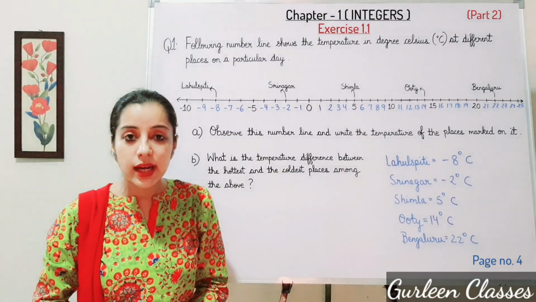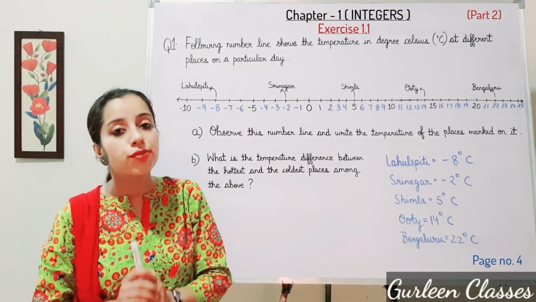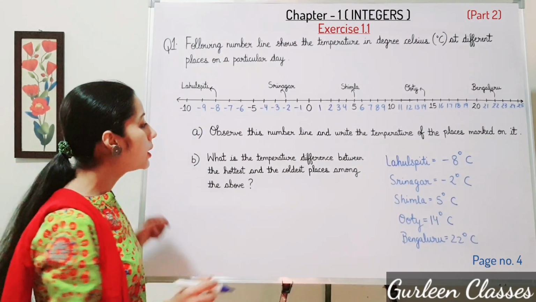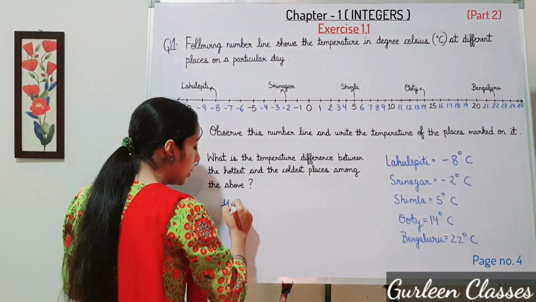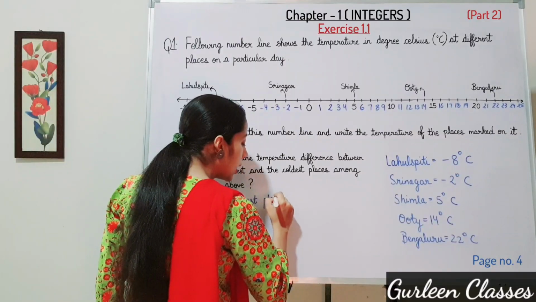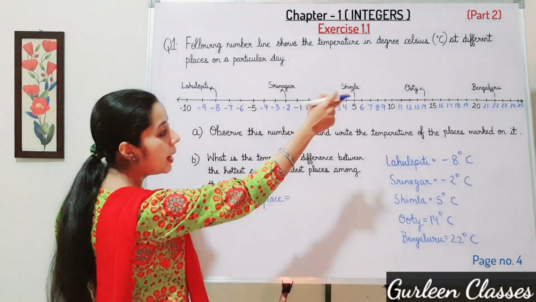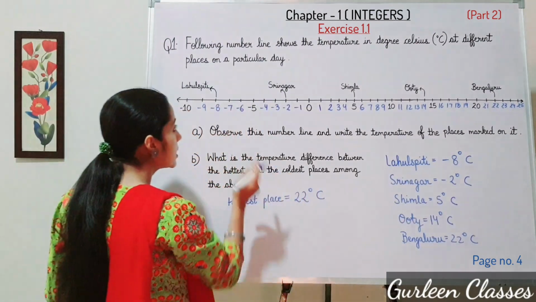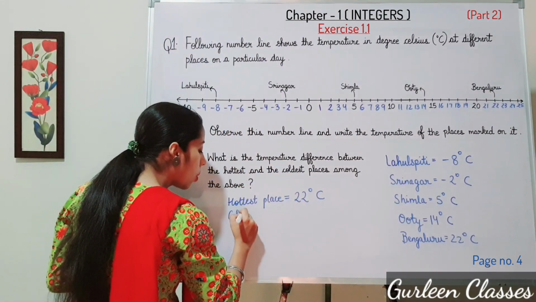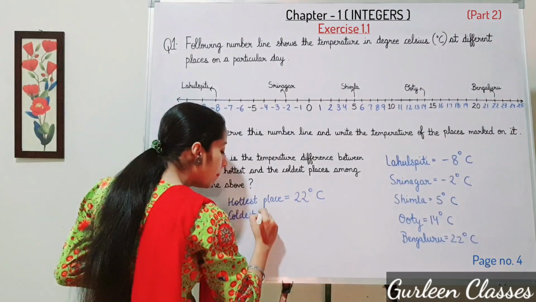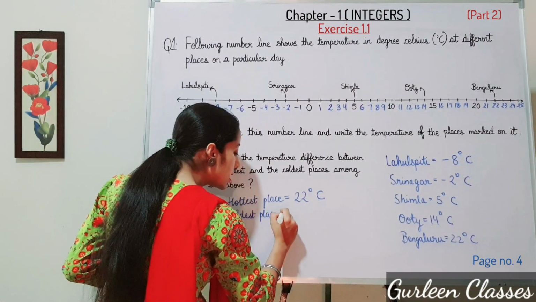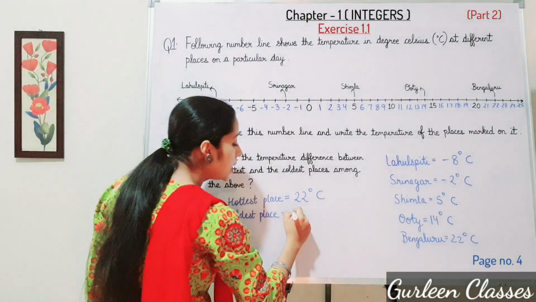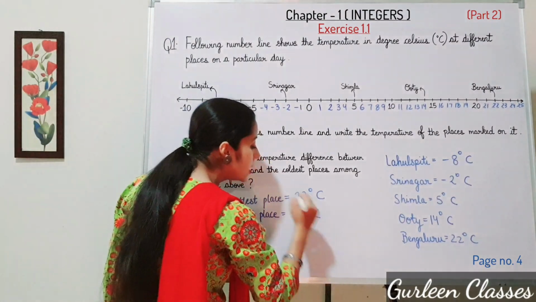We have to find out the difference. So first let us write here hottest place is Bangalore and temperature is 22 degree Celsius. Then write here coldest place is Lahul Spiti and temperature is -8 degree Celsius.